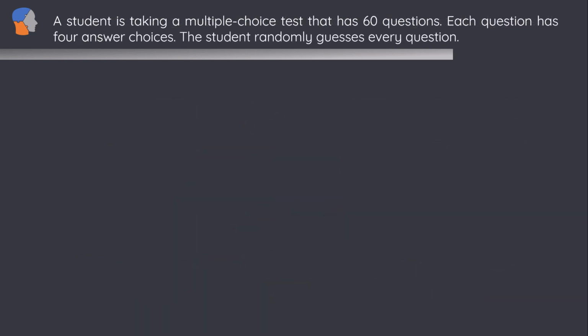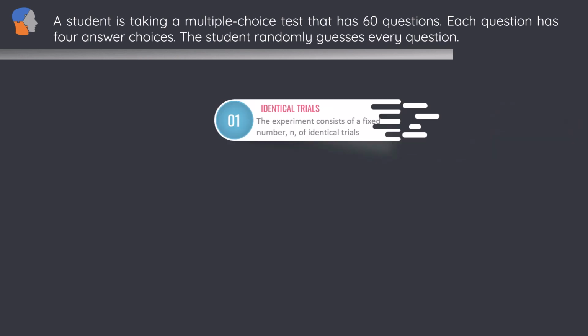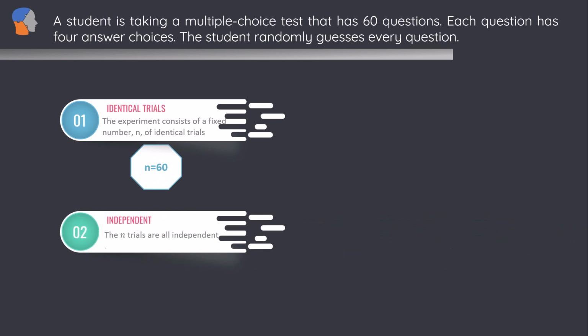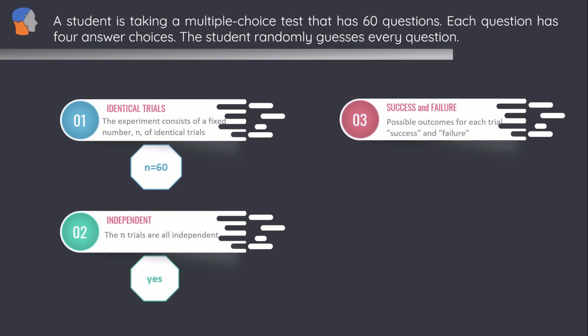Go to the next. A student is taking a multiple choice test that has 60 questions. Each question has 4 answer choices. The student randomly guesses every question. First condition, identical trials? Yes, n equals 60 because 60 questions. Independent? Because the student is guessing, yes, the trials are independent. Success and failure?